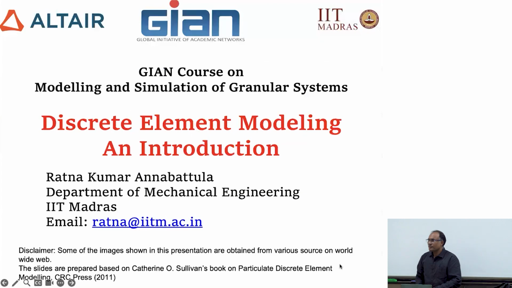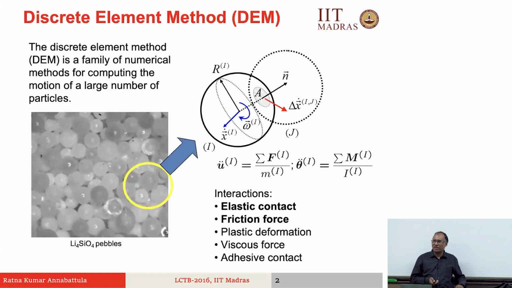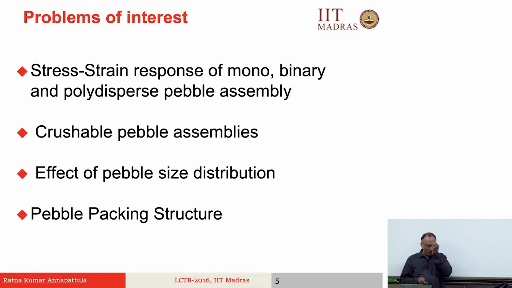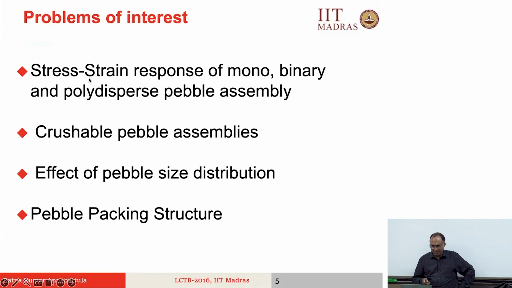Maybe for another 15 minutes we will talk about some simulations and then try to interpret the results that are coming out of them. This picture I have already shown you. Here you have a pebble assembly, and this is actually a periodic assembly, dealing with periodic boundary conditions, and then I am compressing it, let us say.